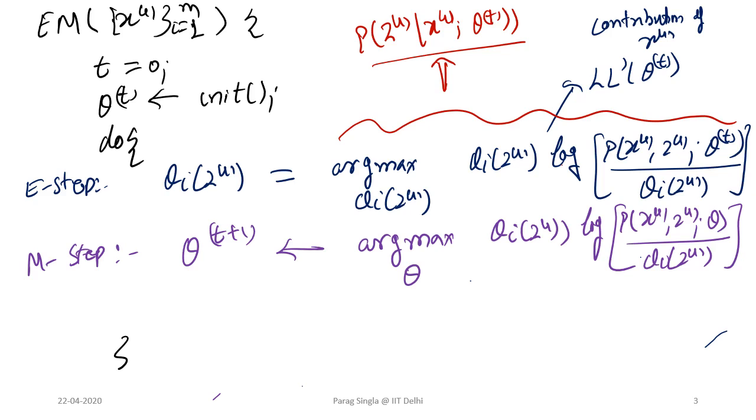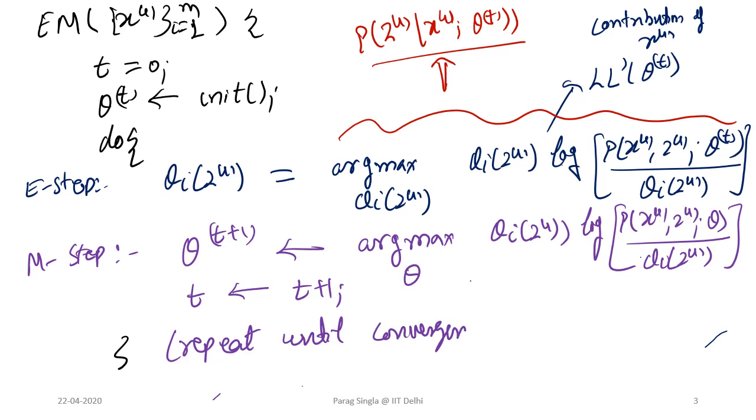This process repeats itself until convergence, as t goes to t plus 1. So this is our entire EM algorithm.